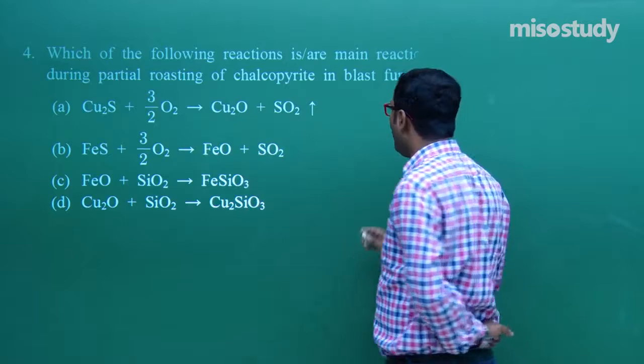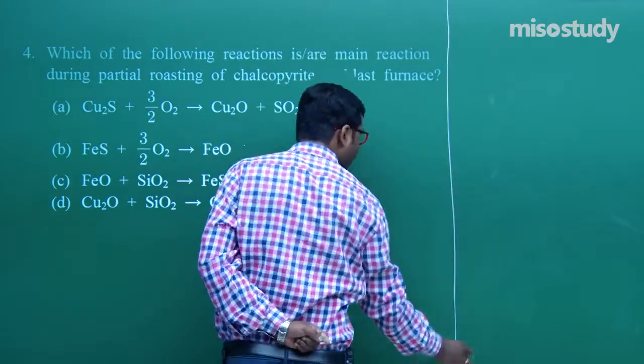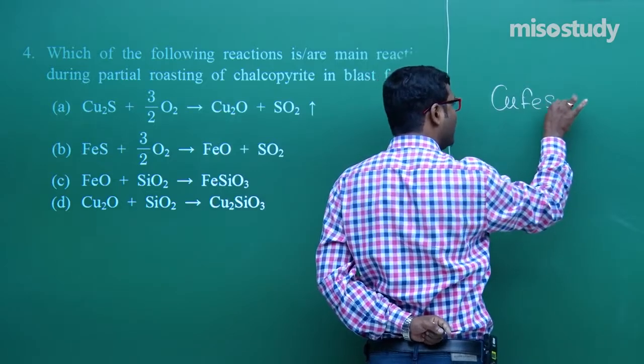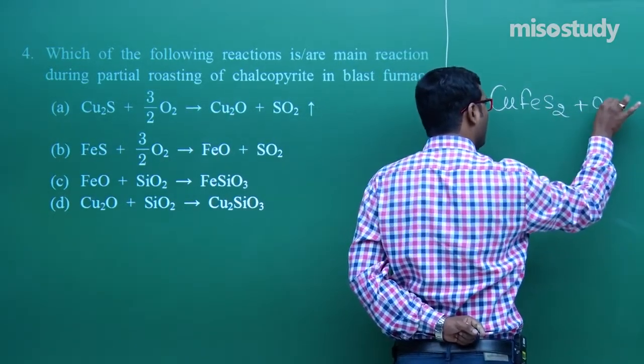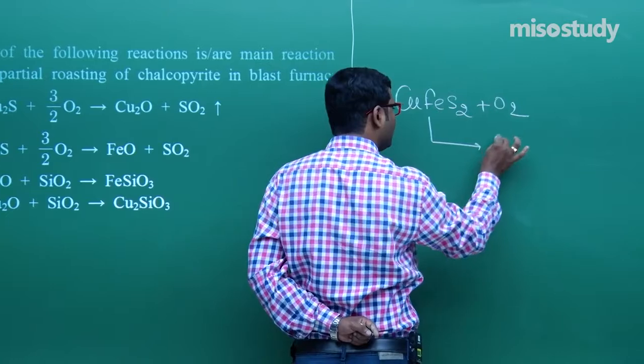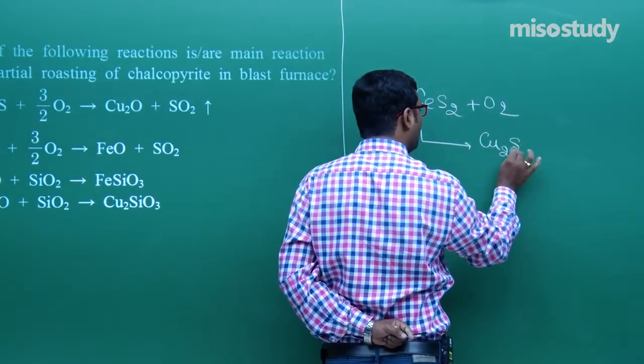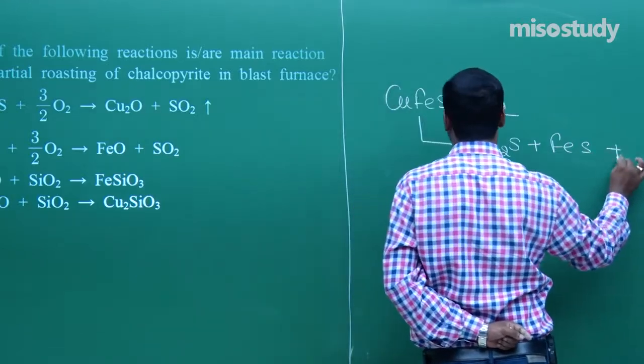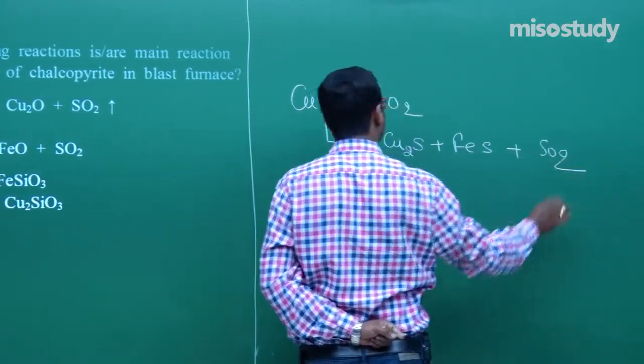As we know, what is the reaction in the blast furnace? CuFeS2 plus O2 gives you Cu2S, remember this, and FeS plus SO2.